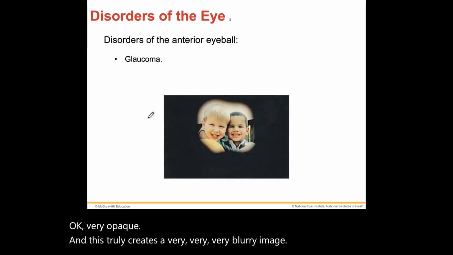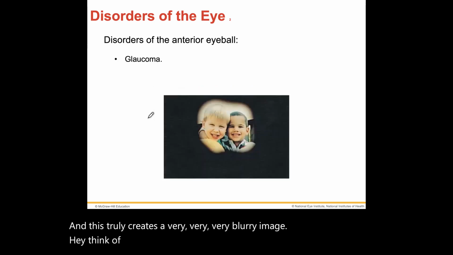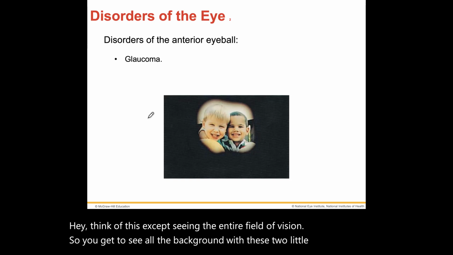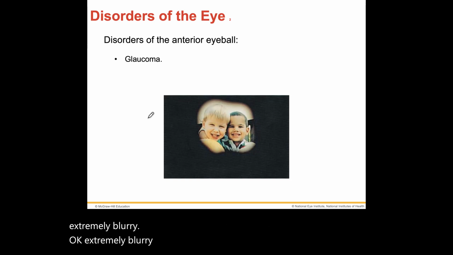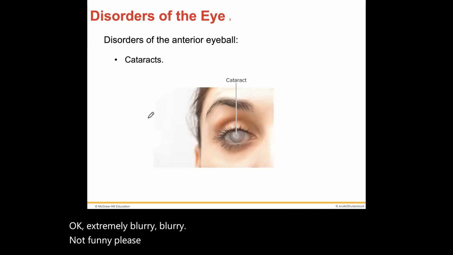Think of this, except seeing the entire field of vision. You get to see all the background with these two little boys, but it's extremely blurry. Not fun for these individuals.